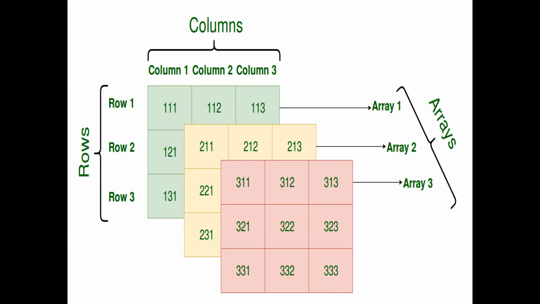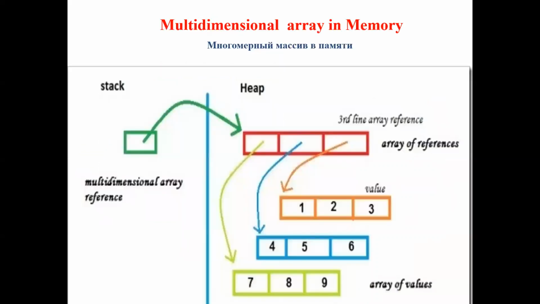This picture shows how a multidimensional array looks. In general, we have rows and columns, array number 1, number 2, array number 3. Multidimensional array memory. You can see heap, array of references, their values, and stack, multidimensional array reference. It's simple.